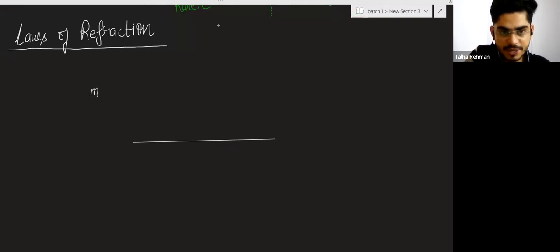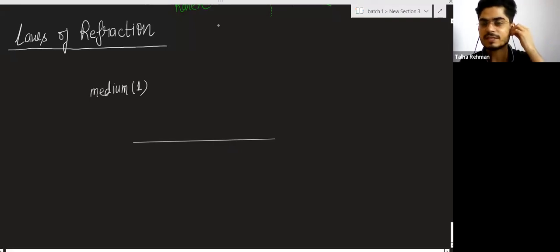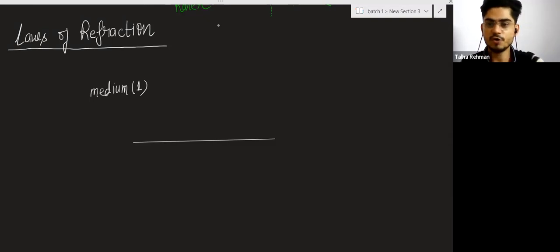Here is some medium 1. Medium means the air in which the light travels. A medium is a substance in which the light travels. Here is the air around me, so this air is known as the medium. Light can also travel in the glass, so glass is a medium.